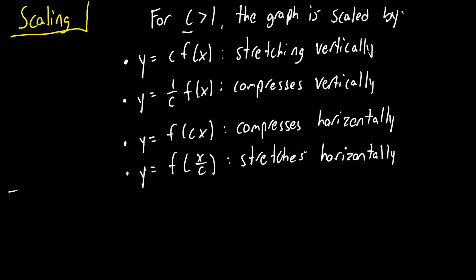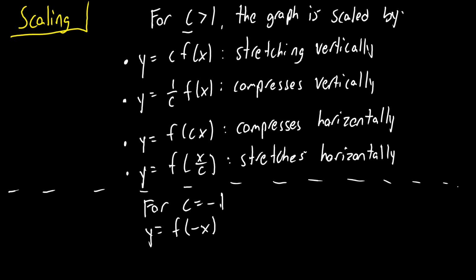Okay, so I'm just going to draw a dashed line here. Got one more thing to add to this. So for c equal to -1, if y equals f of -x, this reflects across the x-axis.